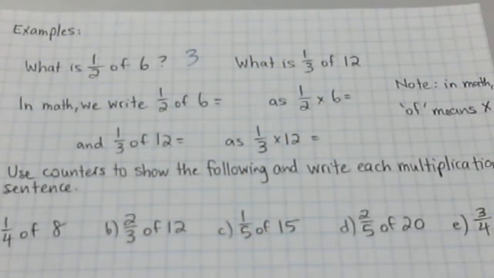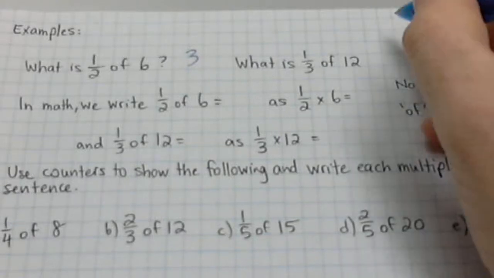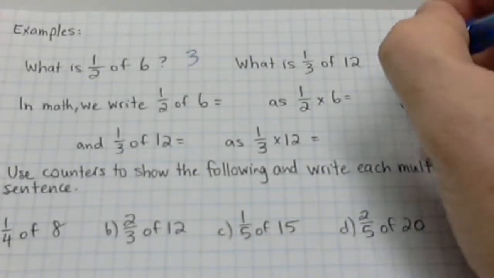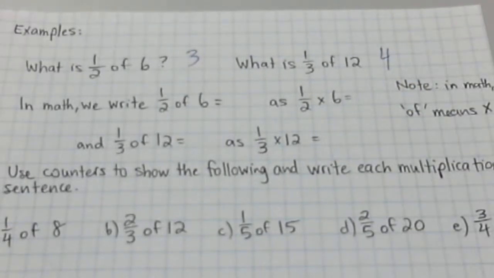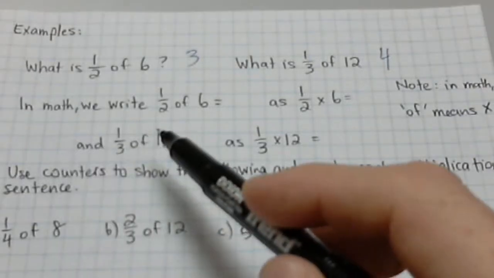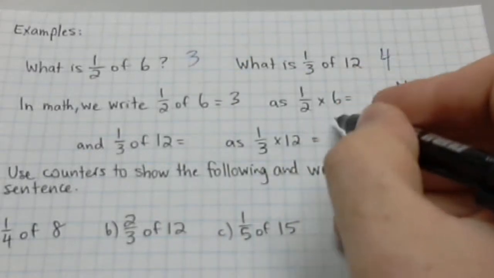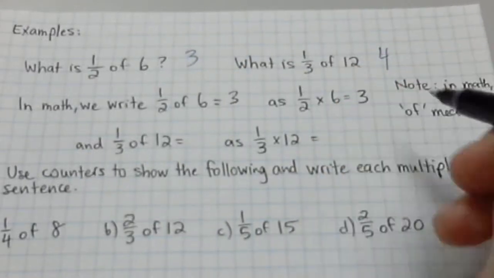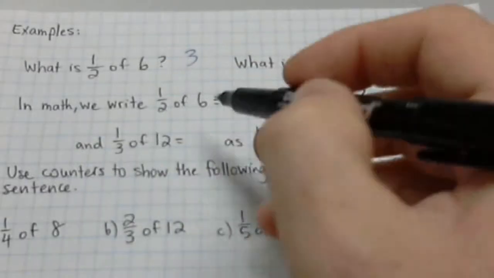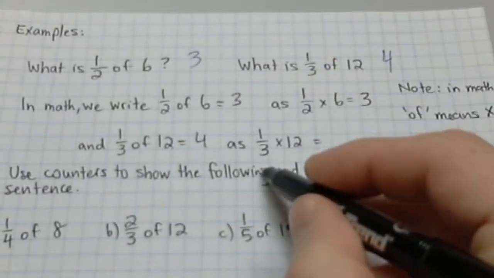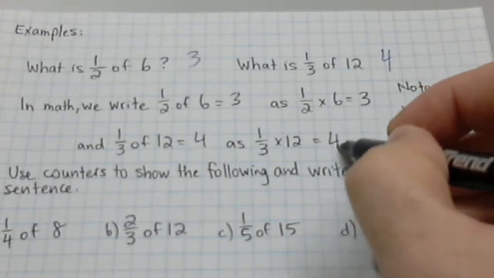And a third of 12, if we divide 12 into 3 even groups, we know that a third of 12 is 4. Now in math we write 1/2 of 6 equals 3 as 1/2 times 6 equals 3, and we write 1/3 of 12 equals 4 as 1/3 times 12 equals 4.